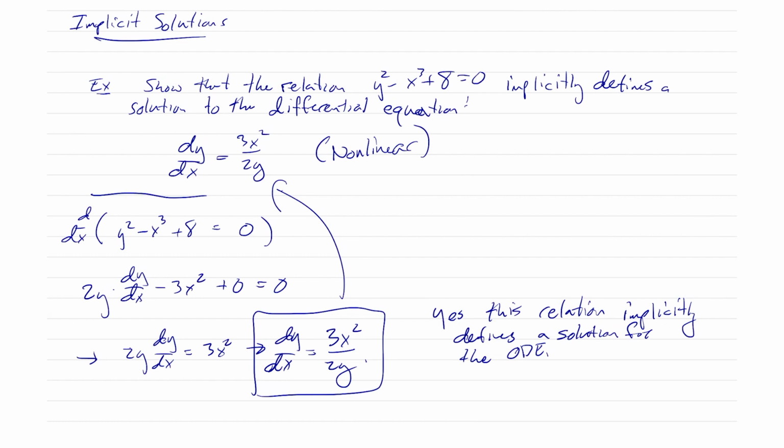All right. So let's do another one. All right. So here we go. Example 4. We want to show that x plus y plus e to the xy is equal to 0 is an implicit solution to the differential equation, the ODE.